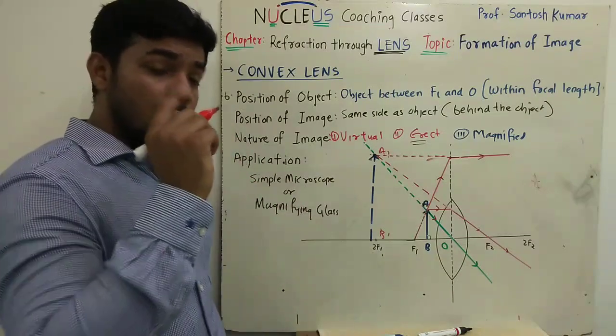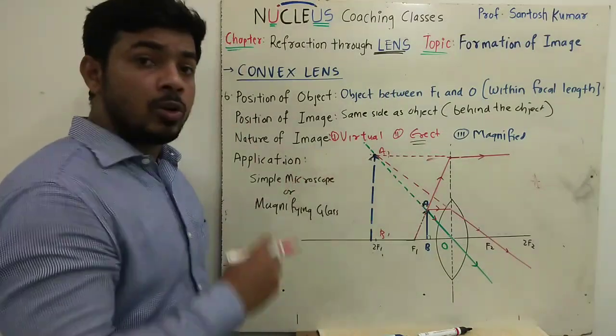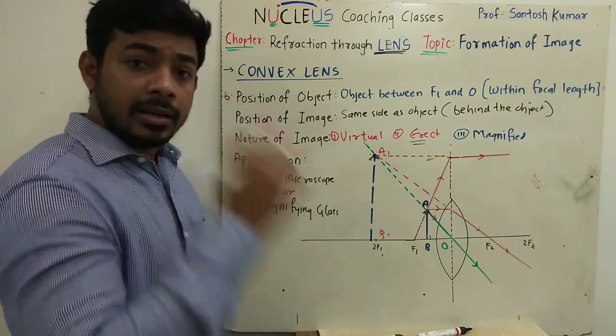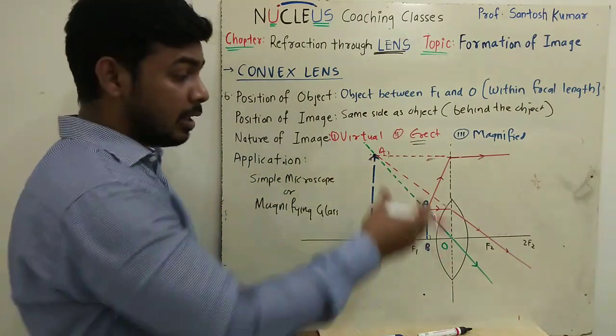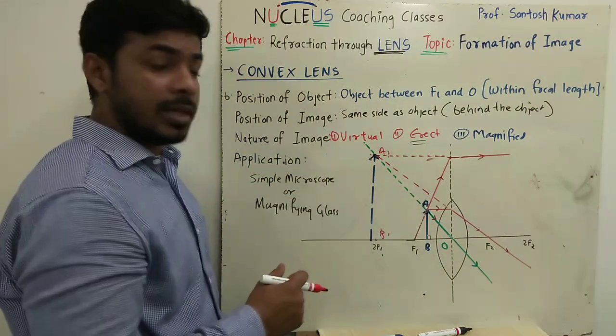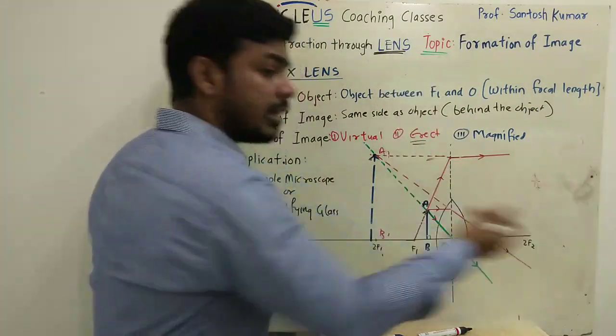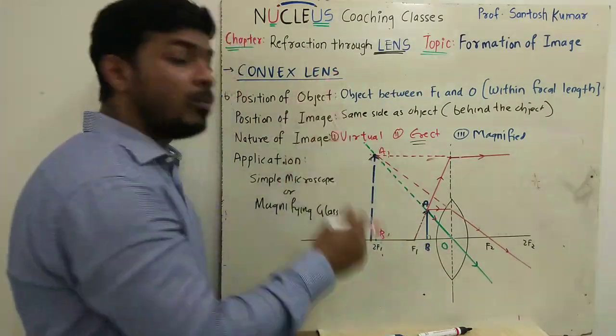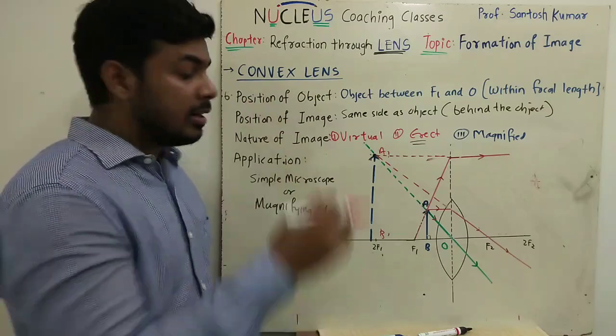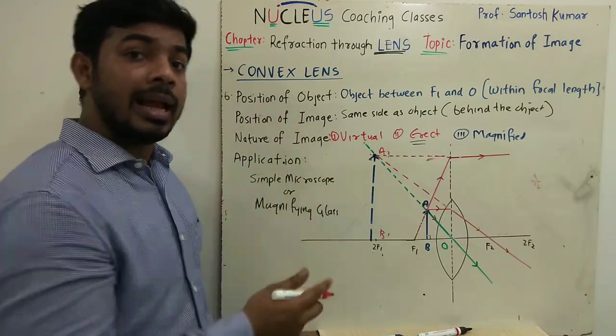And what conclusion can we draw from all these ray diagrams? Real images are always formed on the other side of the lens. That means if the object is on the left side and the image is formed on the right side, it will always be real and inverted. And if the image is formed on the same side, then definitely this image will be virtual and erect.